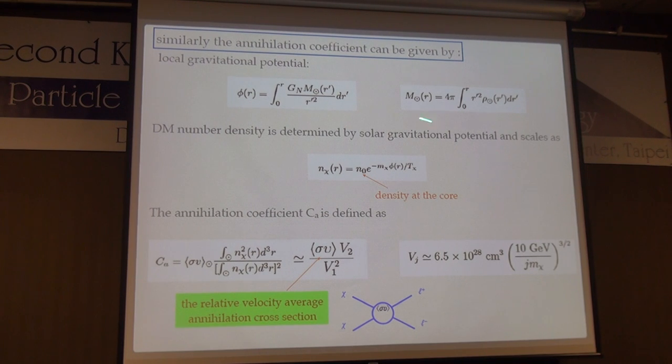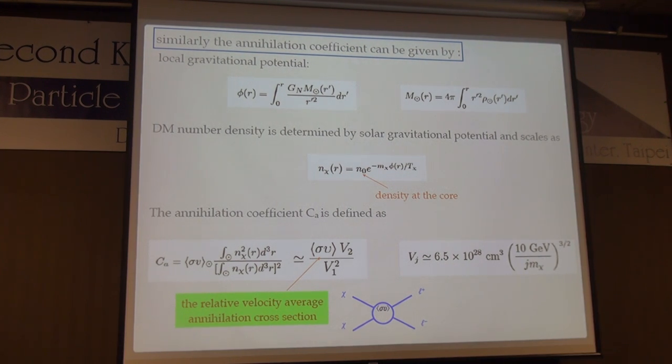And we assume the dark matter forms a core inside the sun once it has been trapped, and its density distribution is isothermal. And this is the gravitational potential of the sun. Here we assume the dark matter is in thermal equilibrium with the core of the sun.